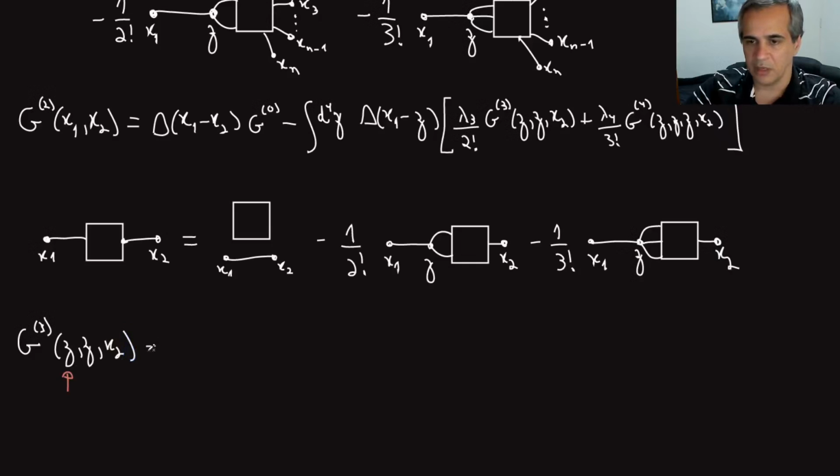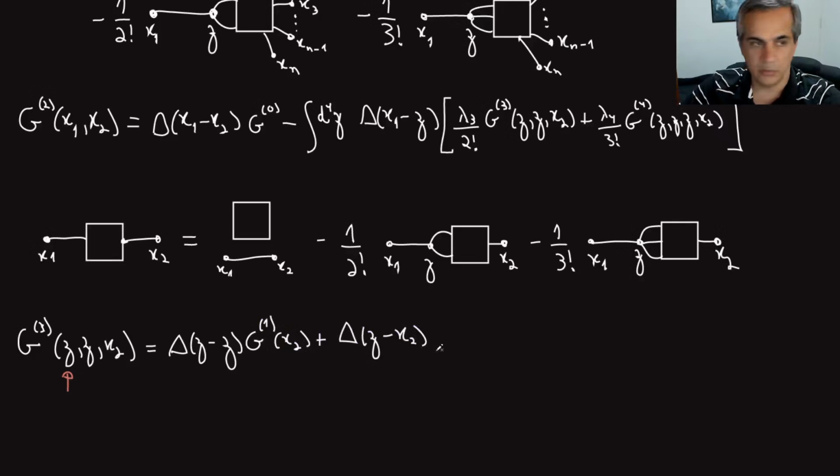So in this case, I'll have a delta of z minus z, G1 of x2, plus a delta of z minus x2, G1 of z, right? So that's the trick. I keep z here. Once I contracted with z, G1 is of x2. And in the other instance, I contracted with x2, and then the 1-point function is of z, right?